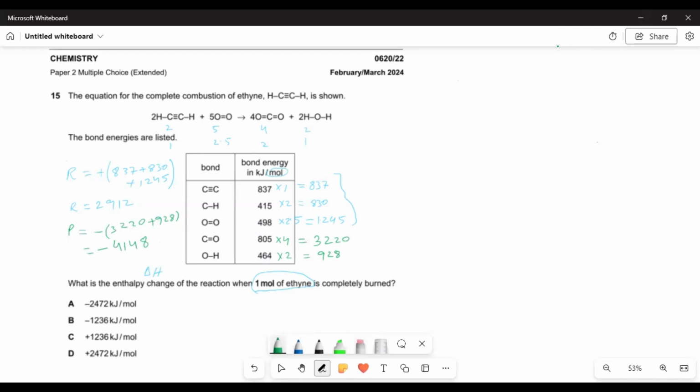So now for delta H, we can calculate in either ways. One way is to add all the energies, summation of all the energies for bond making and bond breaking. So for bond making, plus summation of bond breaking.